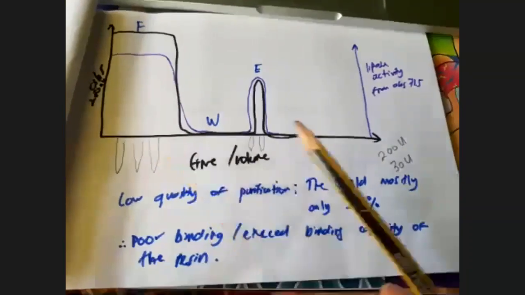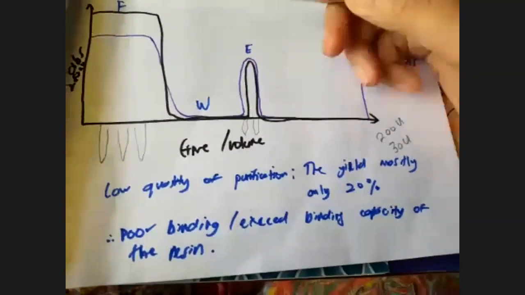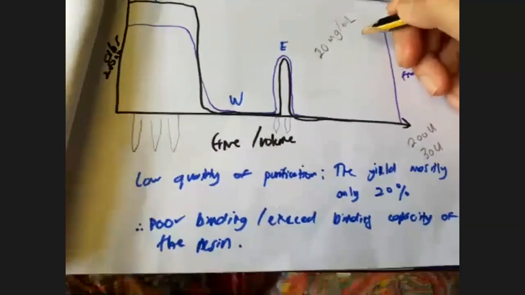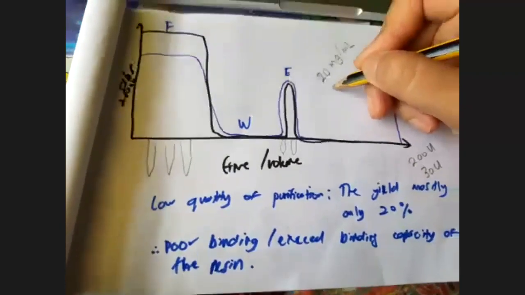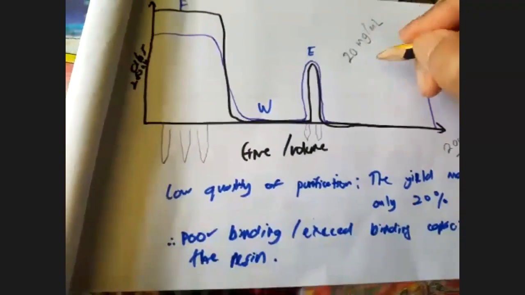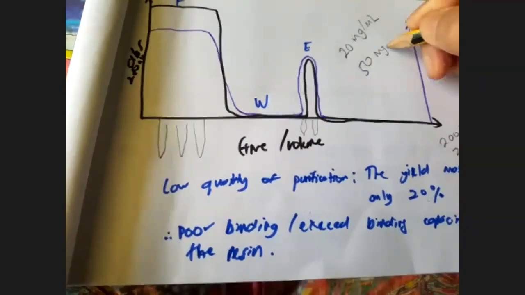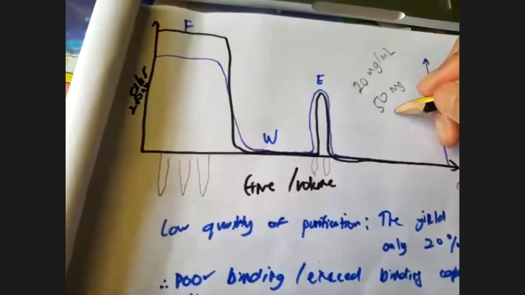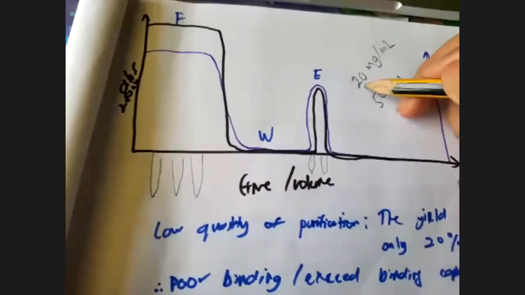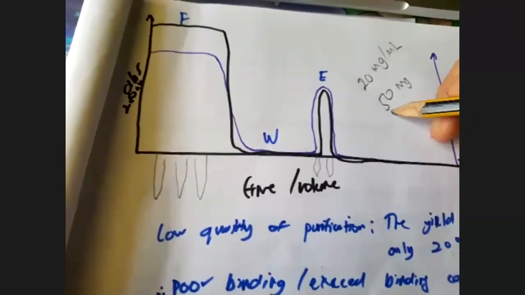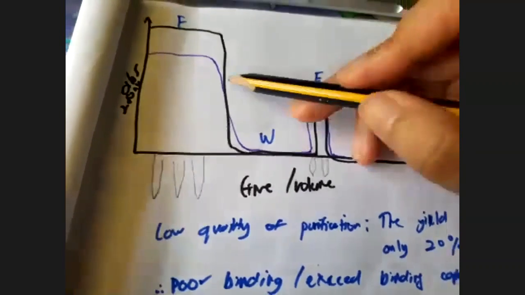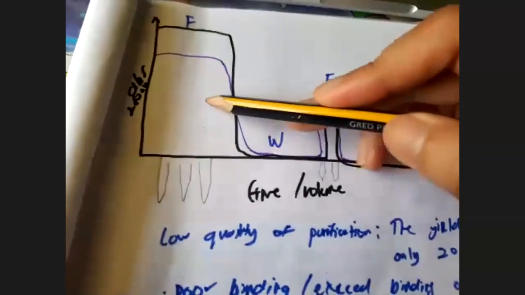For example, if you have 20 milligram per ml of the resin to bind the protein, but the sample you load onto the matrix is 50 milligram, and we are talking about the lipase here, then if the resin in the column can capture only 20, but you loaded 50, that means 30 milligram of the His-tagged protein will be lost here. That's why you can detect it here.